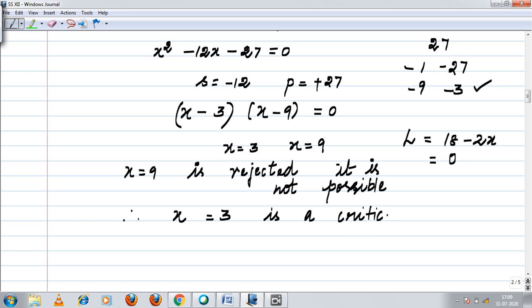The next step, children, is to differentiate again. V double dash equals the differentiation of V dash.